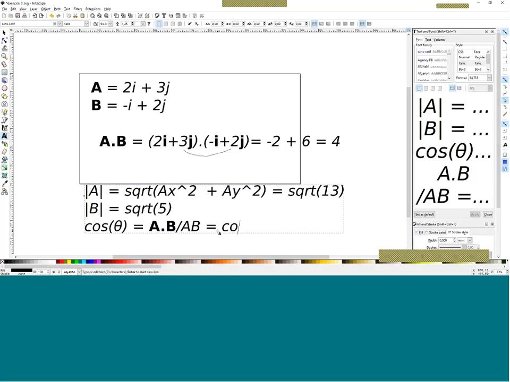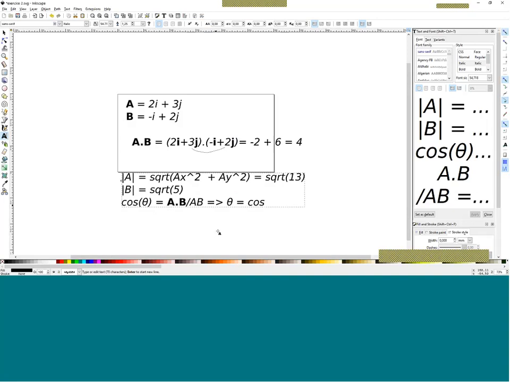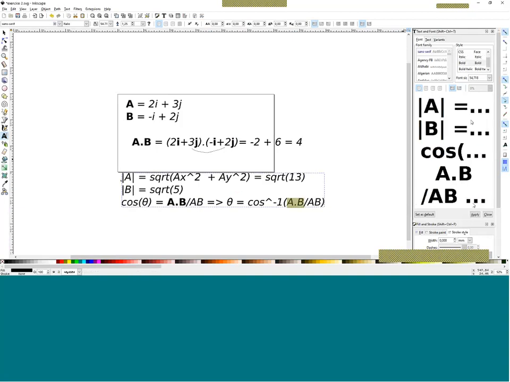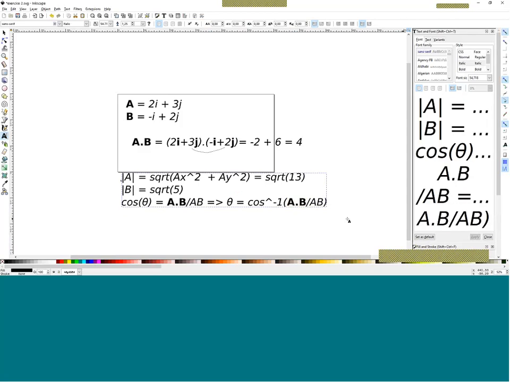Find the cosine inverse of this, and you're basically good to go. So theta is equal to cosine inverse of this, and yields 60 degrees. So hopefully this clarifies everything about dot products.